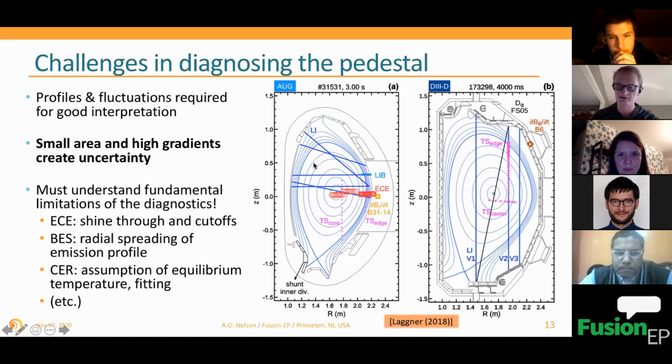I've shown some on ASDEX and DIII-D here, where you have clustering of diagnostics right around this scrape-off layer region. It turns out that it's difficult to measure this, and there's a lot of work being done. But we're getting better and better with these diagnostics. And with better diagnostics, we can apply better theories and better understand how the pedestal works.